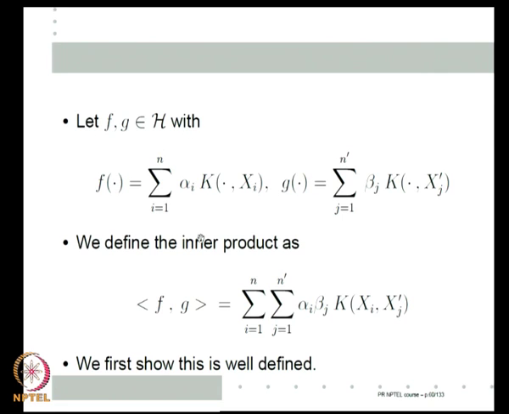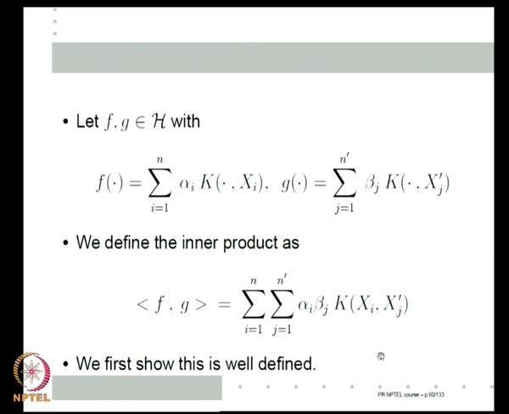So, essentially what we have to show is that the inner product does not depend on these alpha_i's and beta_j's, because they can be different kinds of representations. The inner product should not depend on the expansion coefficients. So, first let us show that.